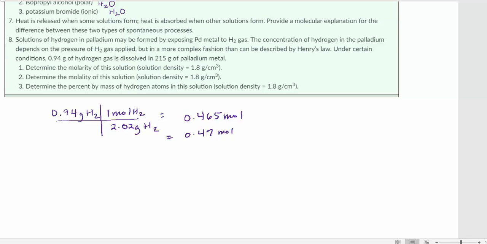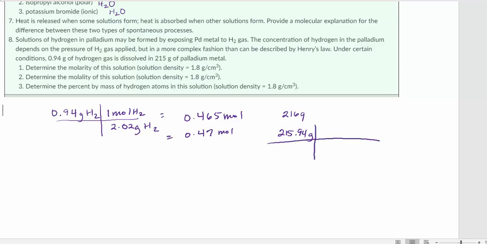Now, I'm also going to need to know the volume of my solution in total. So for the total solution, I have 215 grams of palladium plus my 0.94 grams of hydrogen gas. Now really, I should round that to 216 grams. Again, to avoid excessive rounding error, I'm going to use the entire thing.